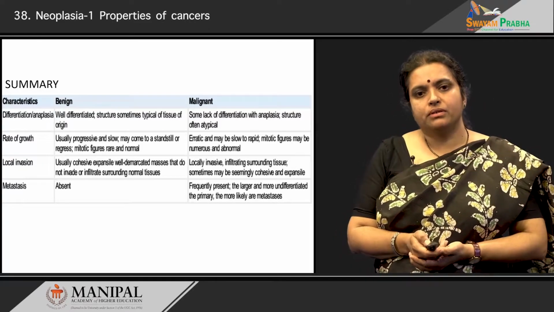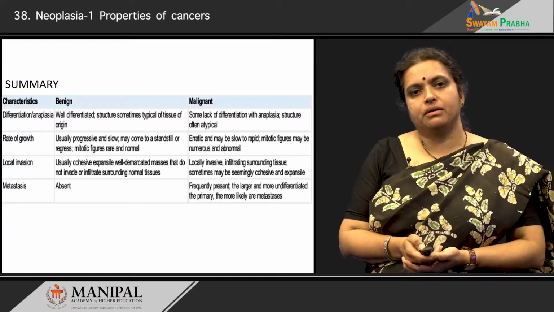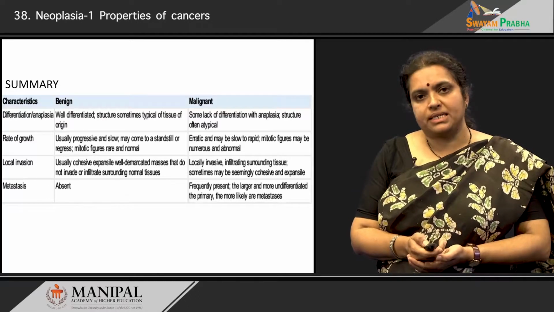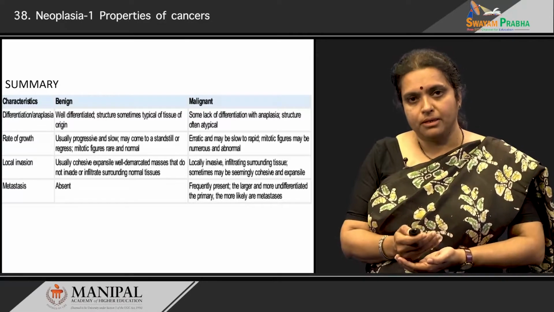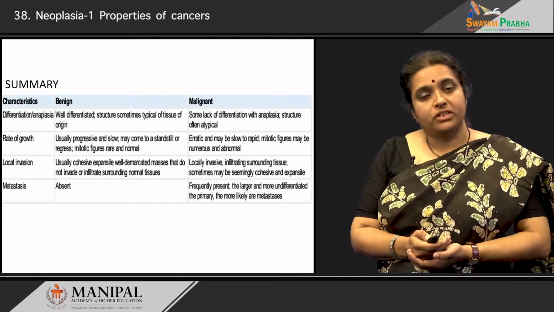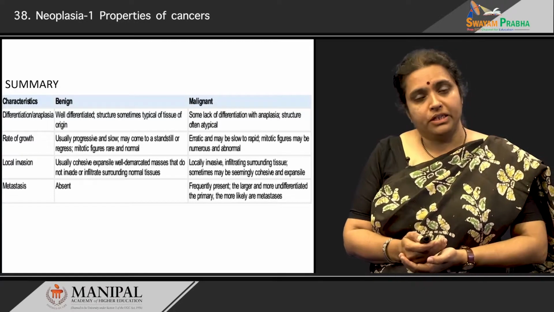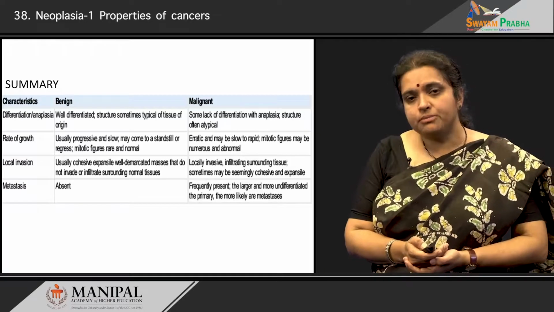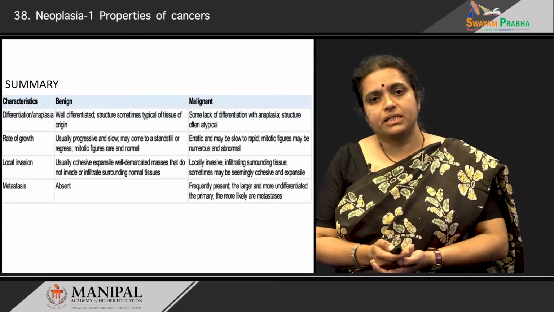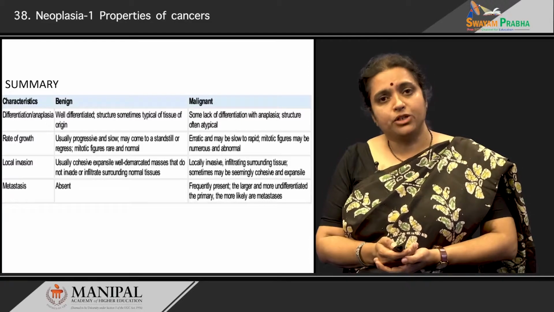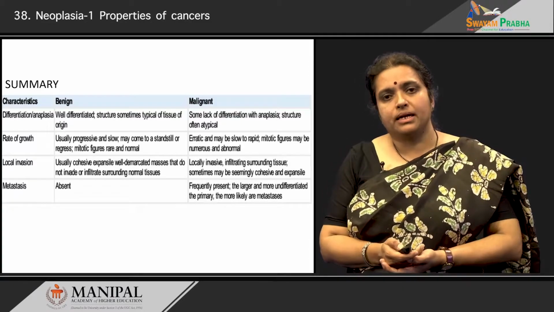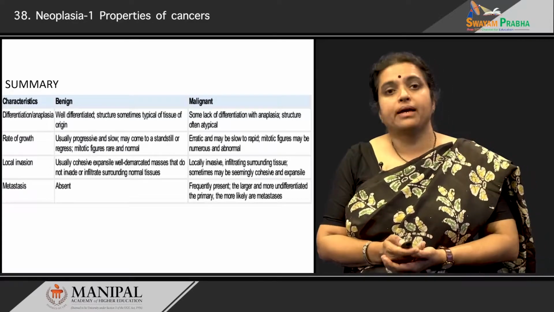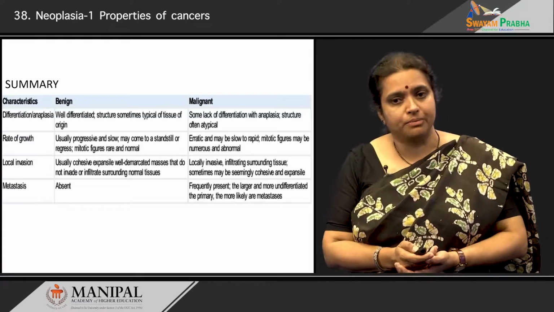Rate of growth: usually a benign tumor grows slowly and may come to a standstill after a certain point. Mitotic figures are rare, or even when they are present, they are normal mitotic figures, whereas malignant tumors are erratic, may be slow to rapid, and mitotic figures may be numerous and could be abnormal mitotic figures.